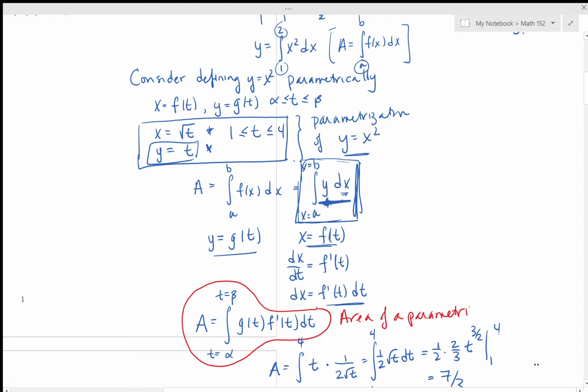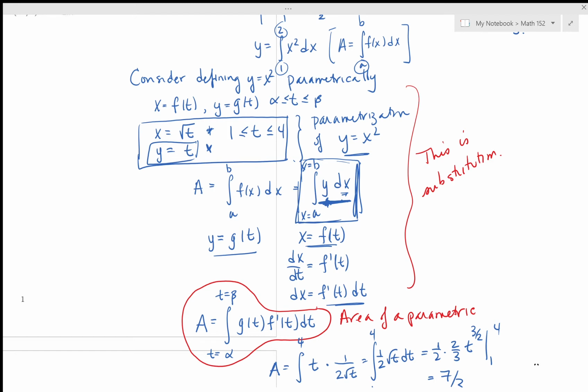Okay, and really a key point is this whole procedure that I've gone through is substitution. Very powerful tool. So now we can find the area under a parametrically defined curve given its parametric description.